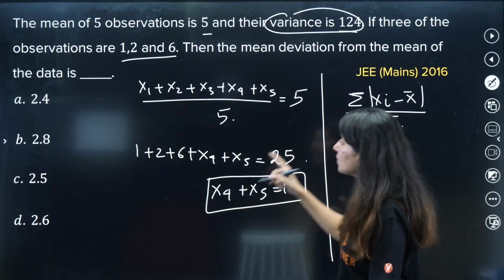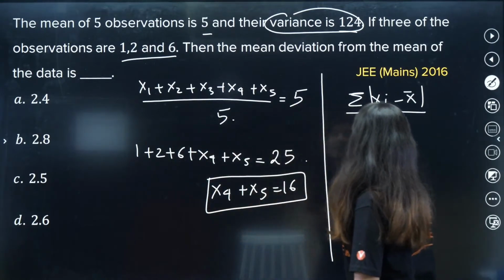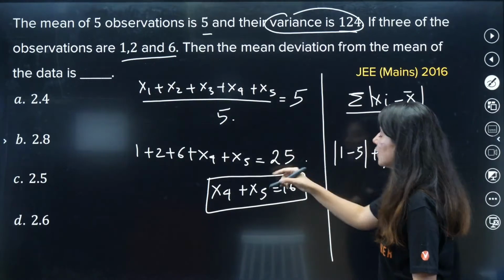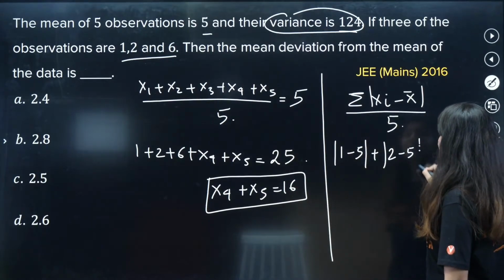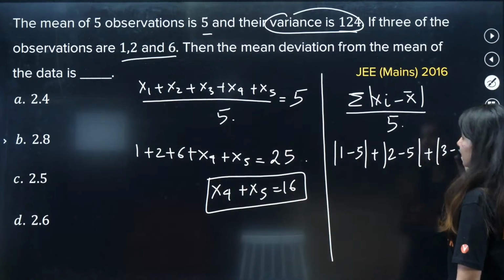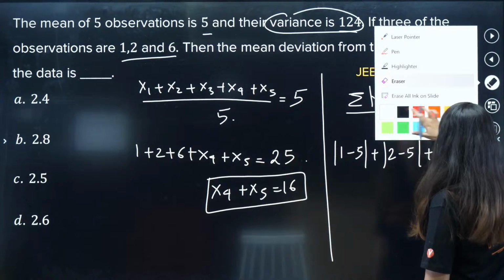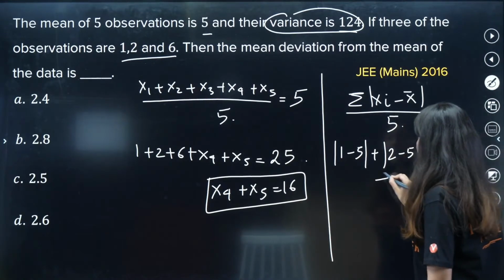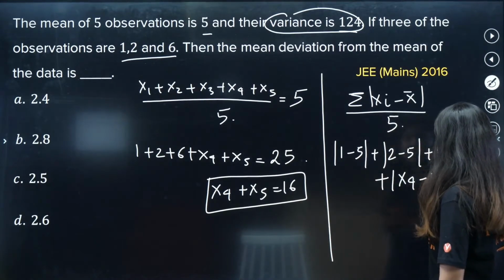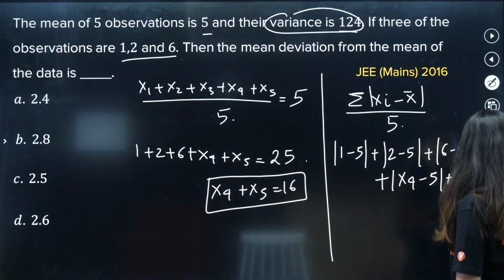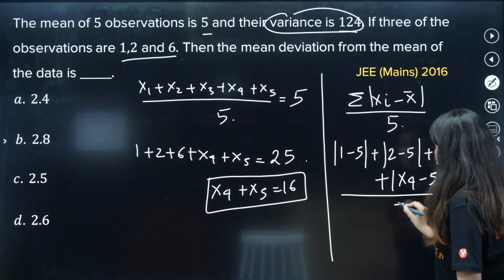So basically the first observation is 1, my mean is 5, right? So that would be mod of 1 minus 5 plus second observation 2, mod of 2 minus 5, then mod of 6 minus 5, then we need mod of x4 minus 5 plus mod of x5 minus 5, whole upon how many observations? 5.